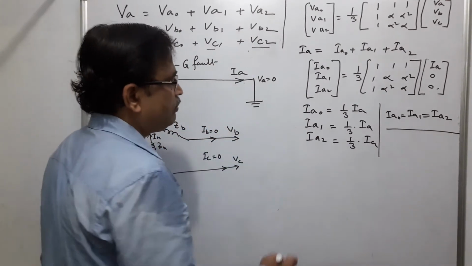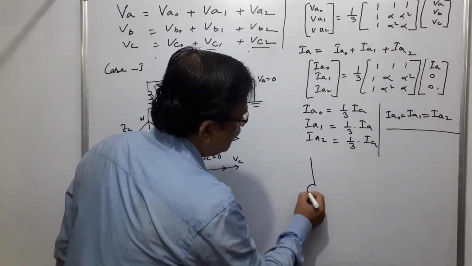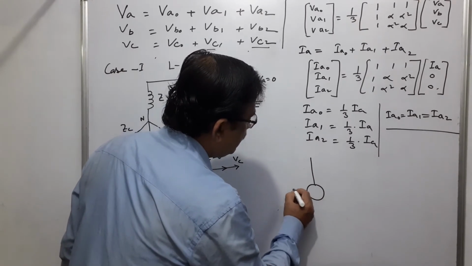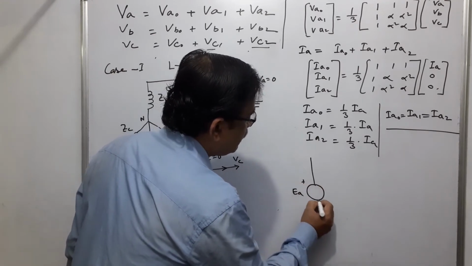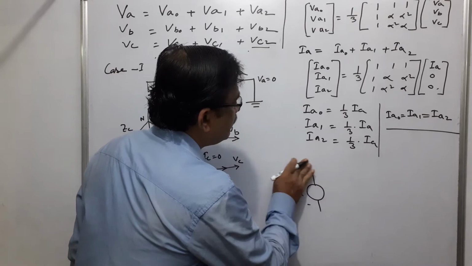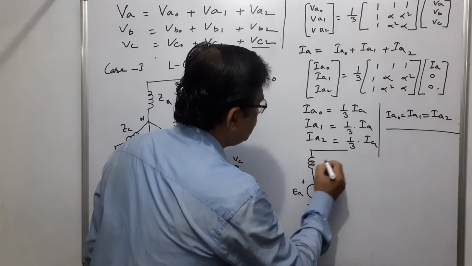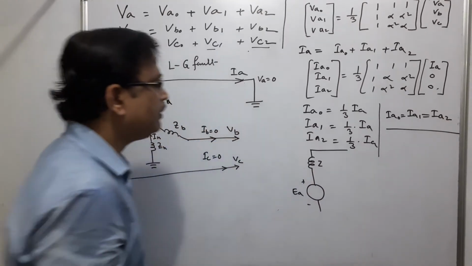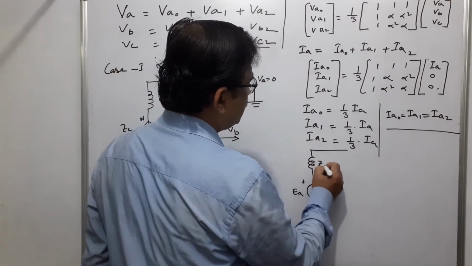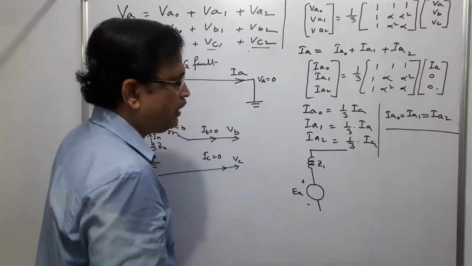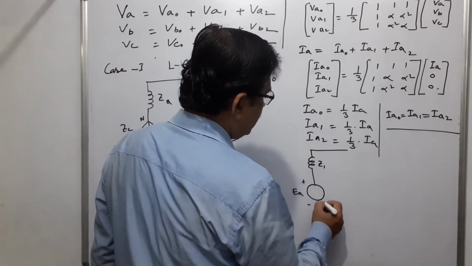Agree? Now what will be the positive sequence network? We know that there is a positive sequence voltage, and there will be a positive sequence impedance, and this is the positive sequence network.